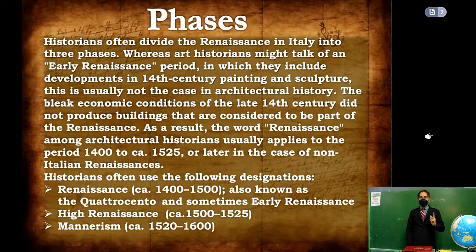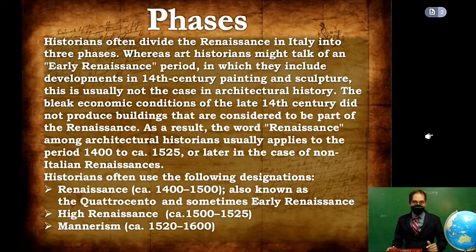The bleak economic conditions of the late 14th century did not produce buildings that are considered to be part of the Renaissance. As a result, the word Renaissance among architectural historians usually applies to the period 14th century to 15th century AD, or later in the case of non-Italian Renaissances.